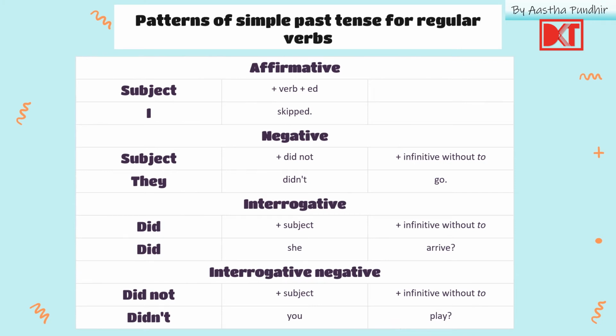So now we have the patterns of simple past tense for regular verbs. अब simple past tense की जो formation है हम regular verbs के लिए करेंगे और irregular verbs के लिए करेंगे. तो सबसे पहले हम regular verbs के लिए कर लेते हैं. Affirmative sentences मतलब positive sentences. कैसे formation होती है?